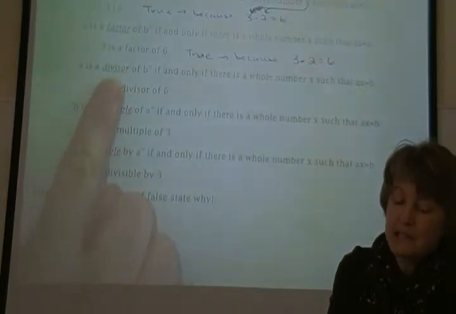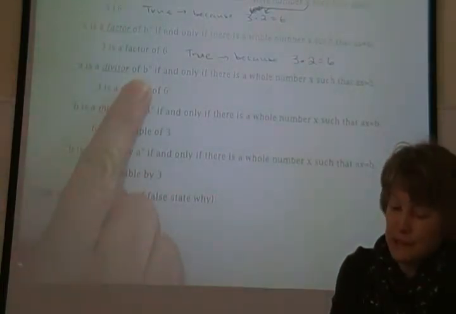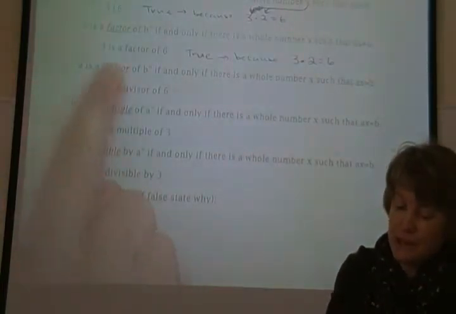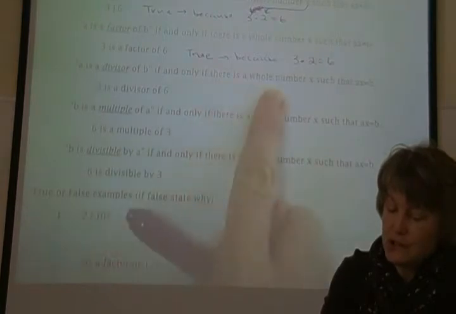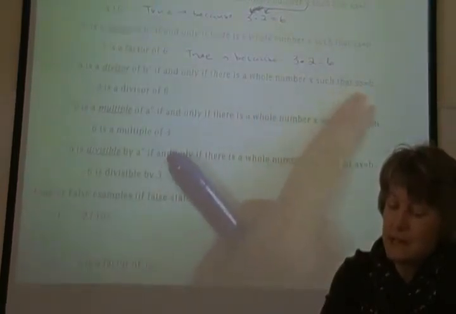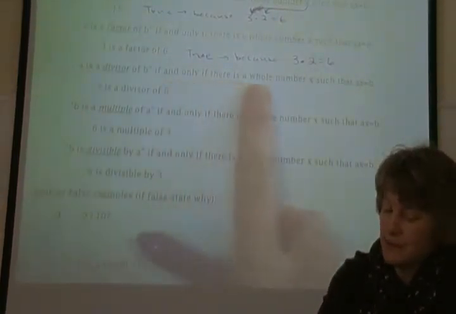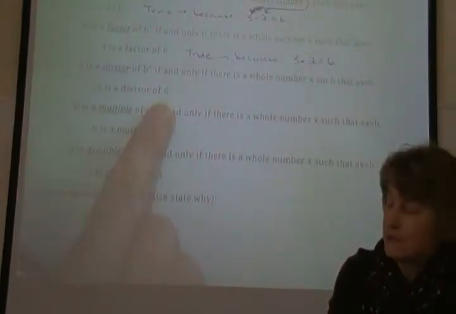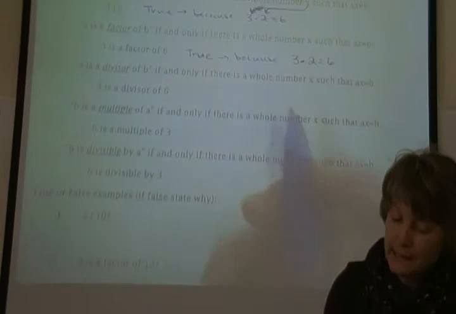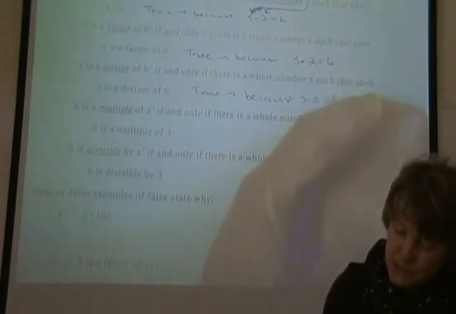A is a divisor of B. Now, this is where you've got to be careful, the difference between the word divisor and divides. A is a divisor of B if and only if there's a whole number x such that A times x is B. So we're starting to say the same thing over and over again. 3 is a divisor of 6. And again, that's true because 3 times 2 equals 6.